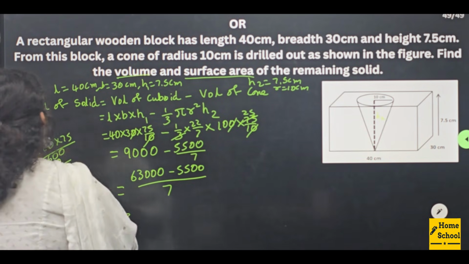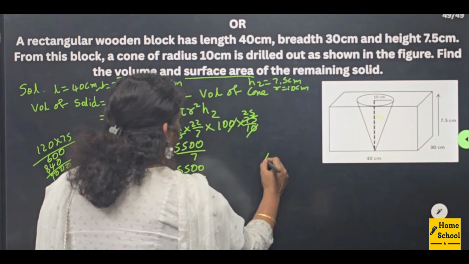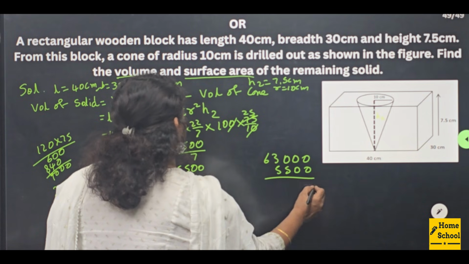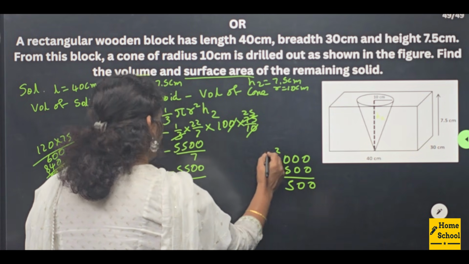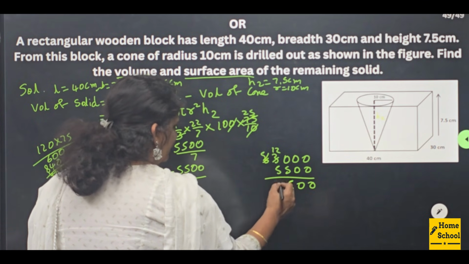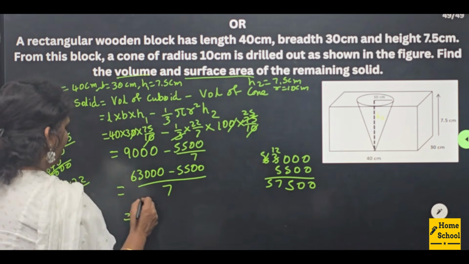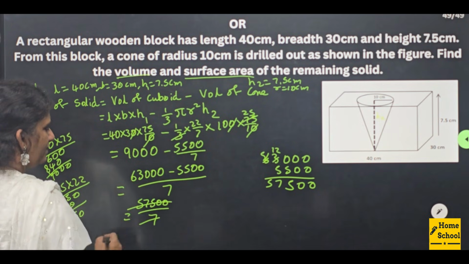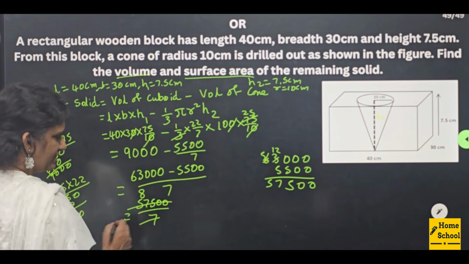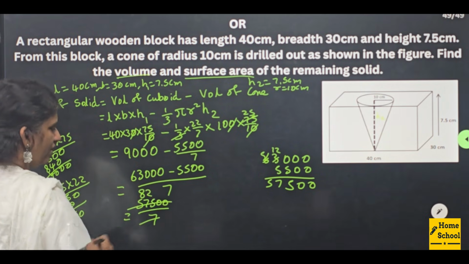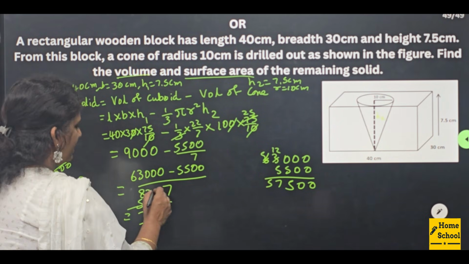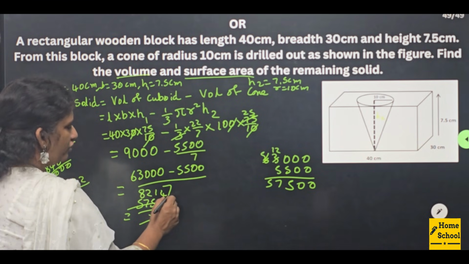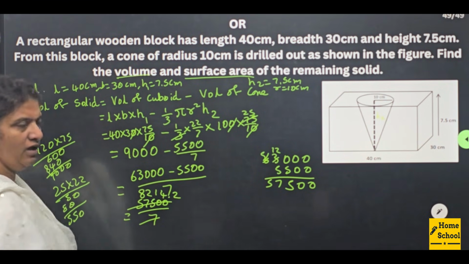Subtract 63,000 minus 5,500. 0 0 5, this will be 2, 12, 12 minus 5, 7. 57500 by 7, cancel. 7 8s are 56, 1 left, 15, 7 2s are 14, 1 left, 10, 7 1s are 7, 3 left, 30, 7 4s are 28, 2 left, point, 7 2s are 14.